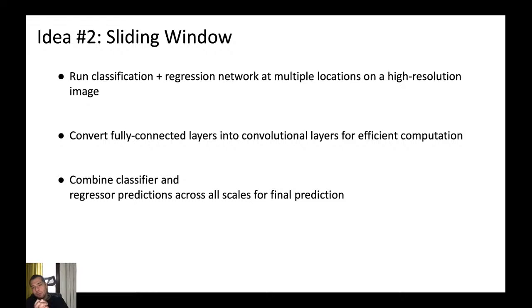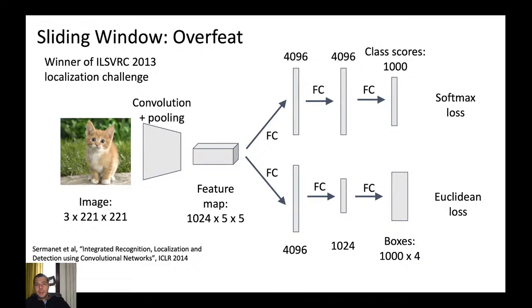And then we can also combine the classifiers and the regressors at different scales for the final prediction. This can actually be done implicitly using object proposals at different scales. So more on this later.